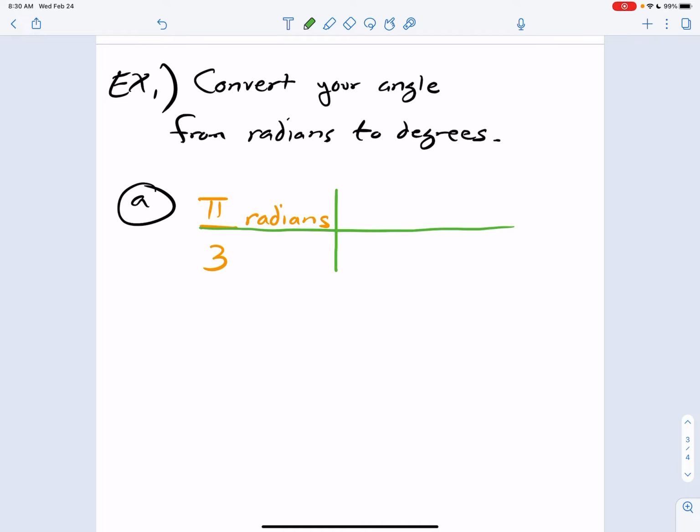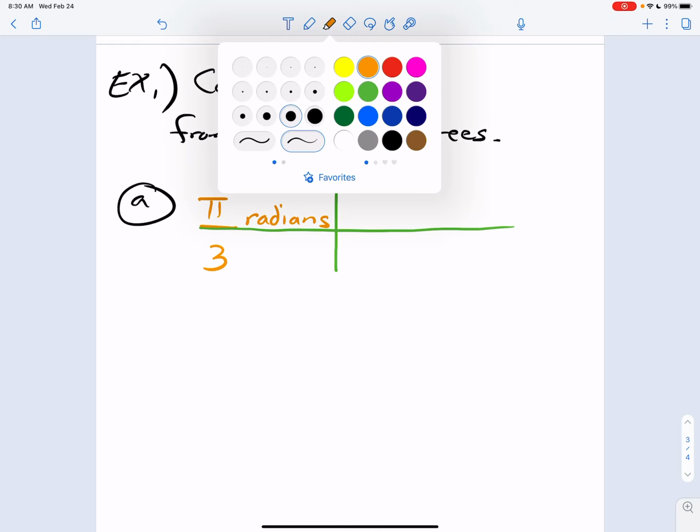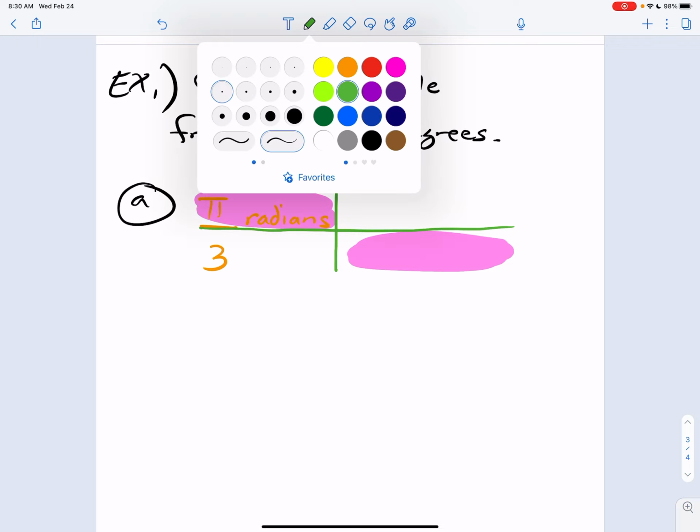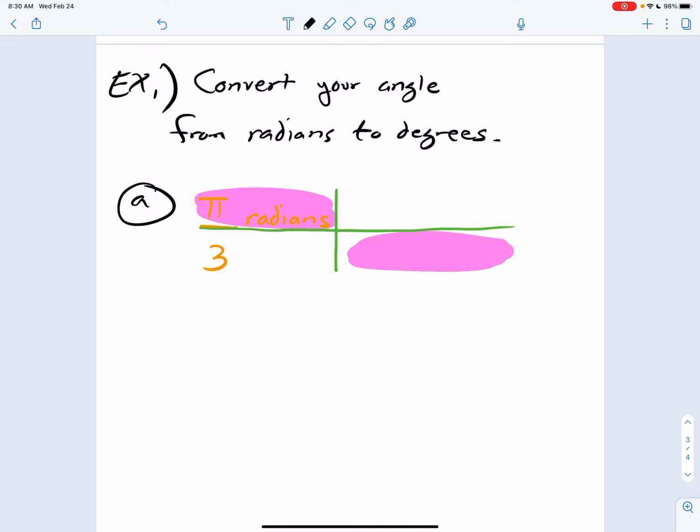You can decide to multiply by a fraction if that's easier. What you start with is what you want to have down here. So we want radians down here, and we want to convert to degrees up there.